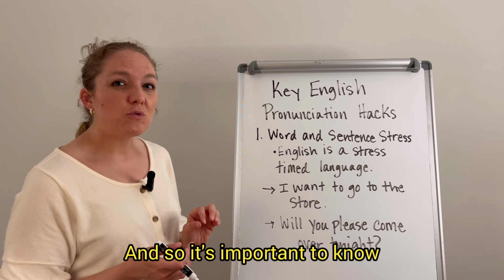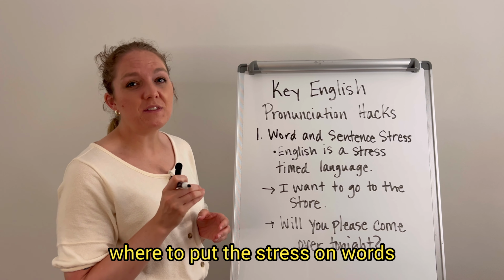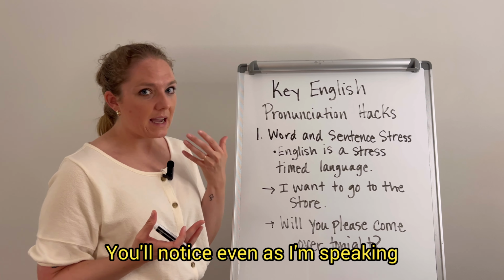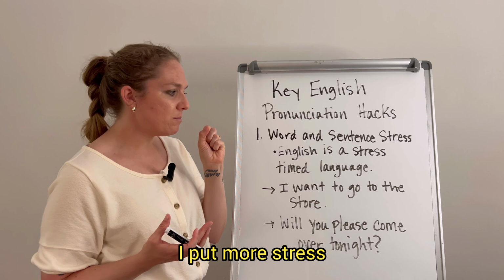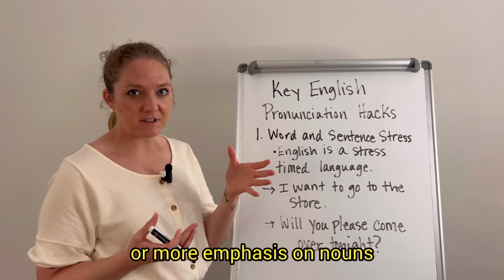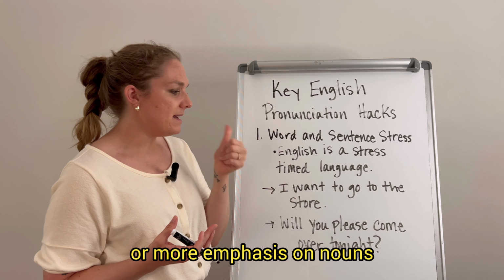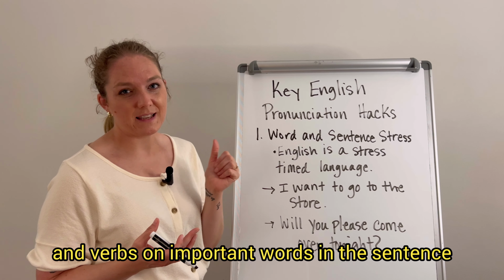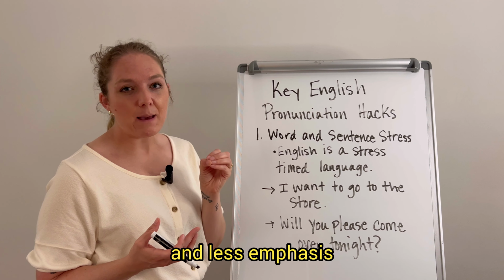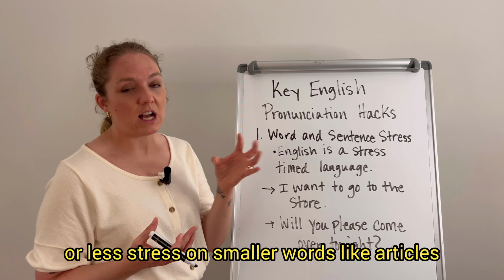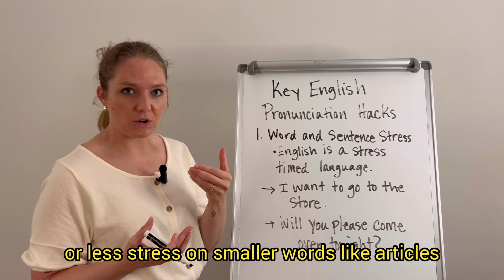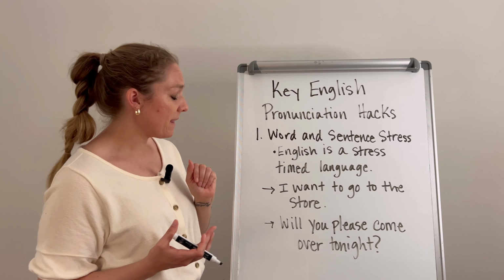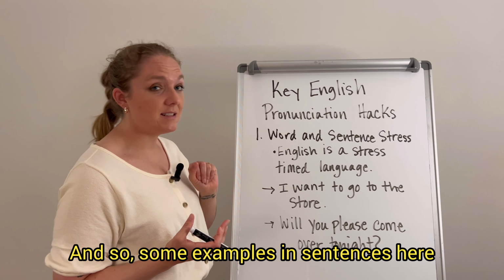And so it's important to know where to put the stress on words. You'll notice even as I'm speaking, I put more stress or more emphasis on nouns and verbs, on important words in the sentence, and less emphasis or less stress on smaller words like articles or filler words that aren't as important. And so some examples in sentences here.